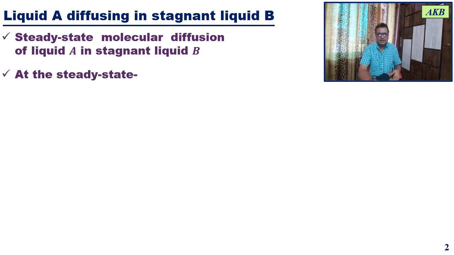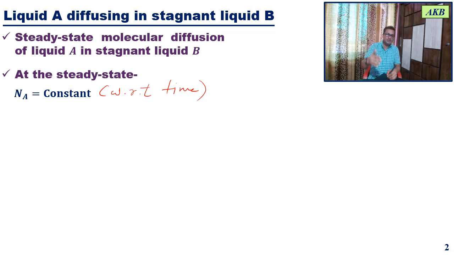Let us understand. At steady state, the molar flux of A is constant. Constant in the sense that it is not changing with respect to time. When this happens, we say that the diffusion is taking place under steady state conditions.